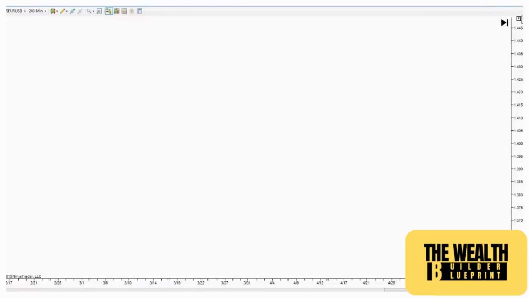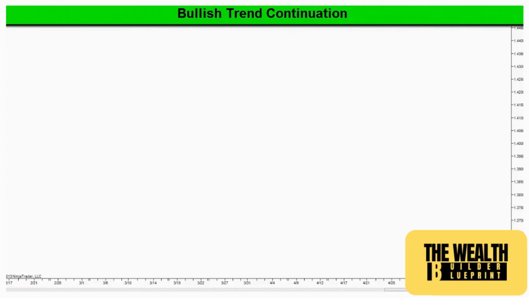When the market is trending bullish, it repeats a particular series of events, and it's new structure highs followed by outside returns or retracements. And you'll see the market consistently do this. We'll get an impulse leg up, creating a new structure high.